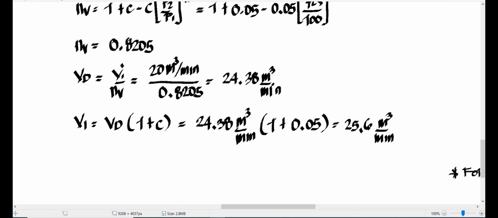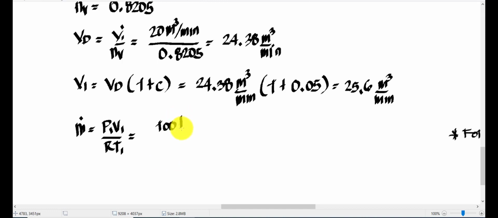So from here, we can now solve the mass flow rate. So our mass flow rate is equal to P1 V1 divided by your R times T1. So for your P1, it will be 100. I'm going to express this in terms of kilonewton per square meter.